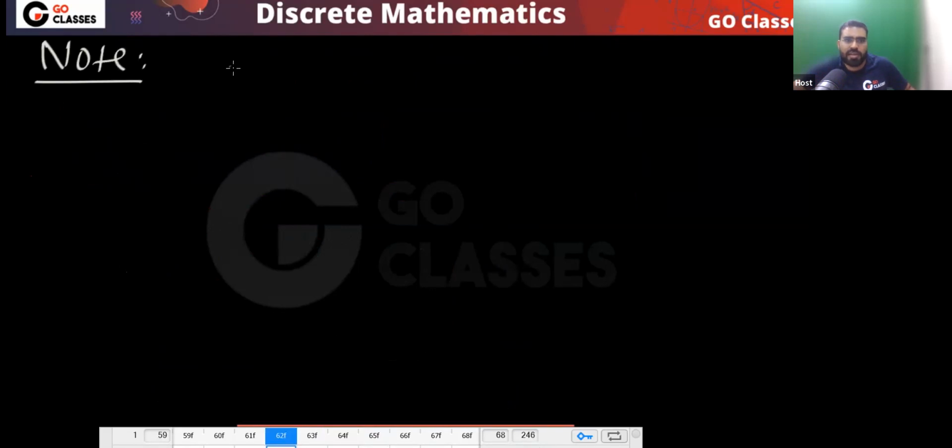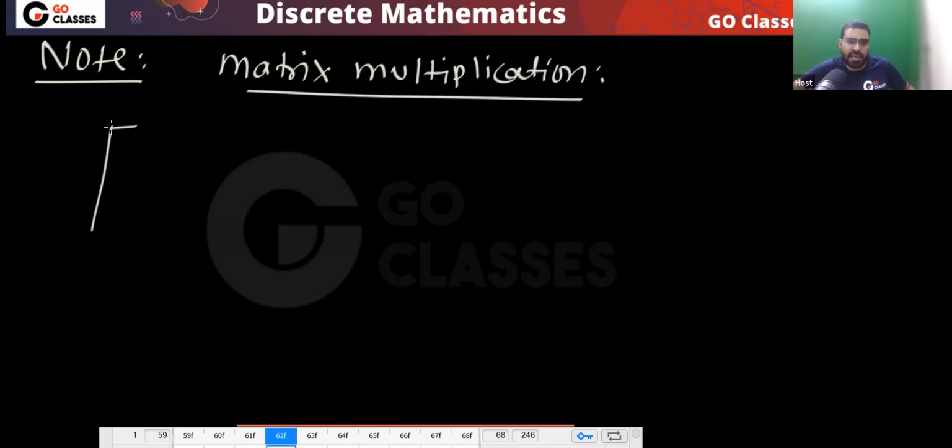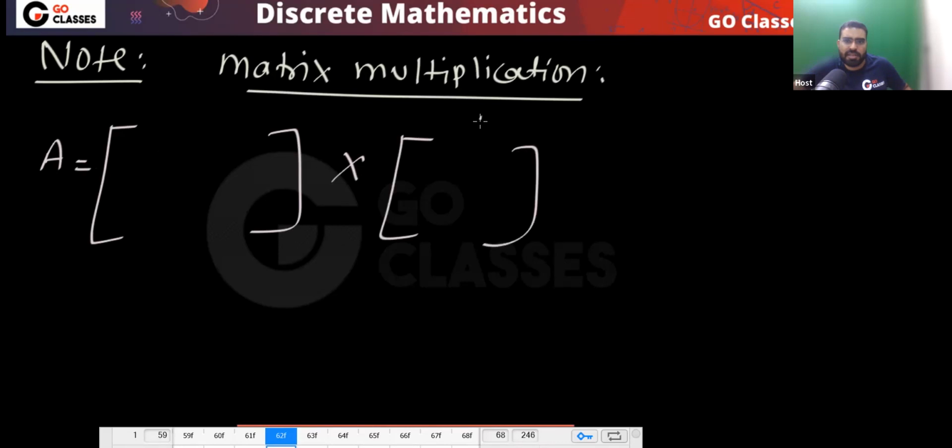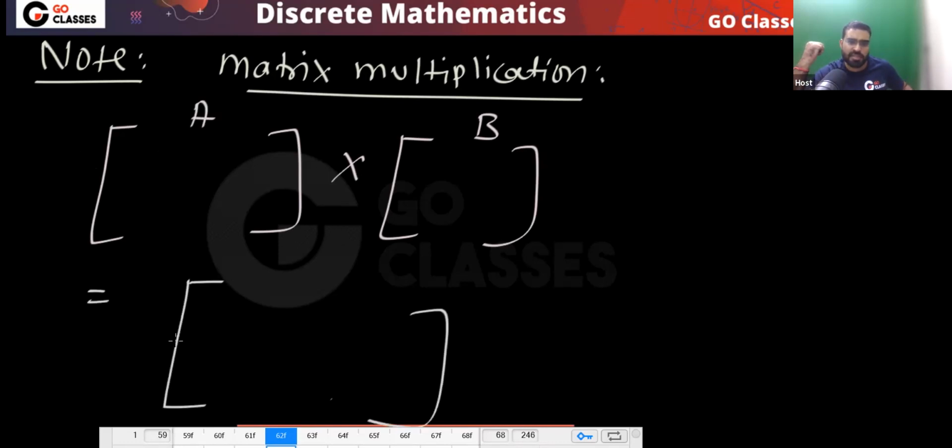Do you remember the matrix multiplication? You have some matrix A multiplied by some matrix B. One matrix is A, another matrix is B. Then the resultant will be the matrix C. Now in this matrix, what will be the Cij entry?